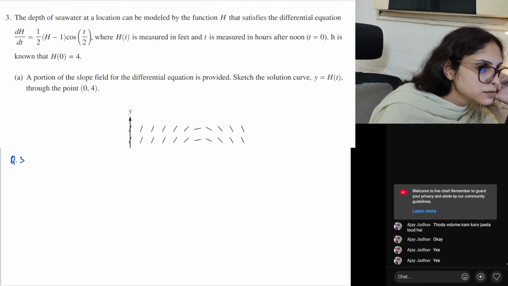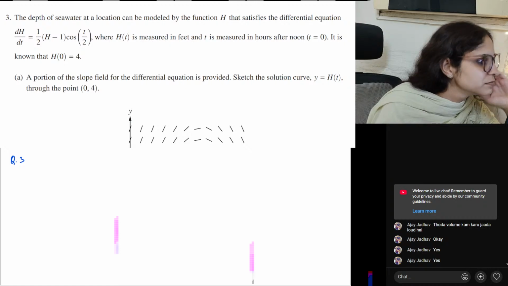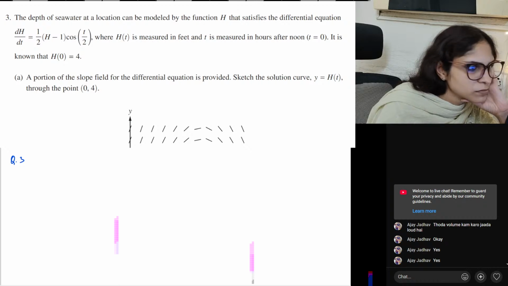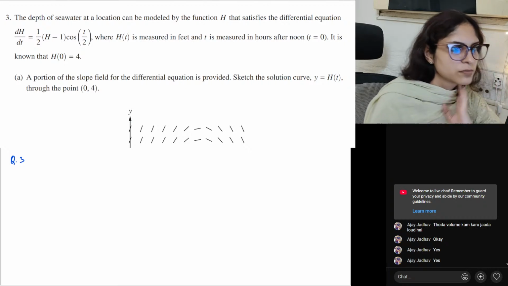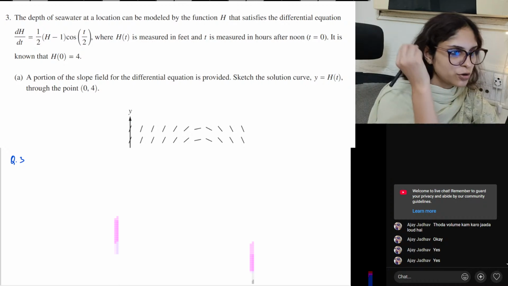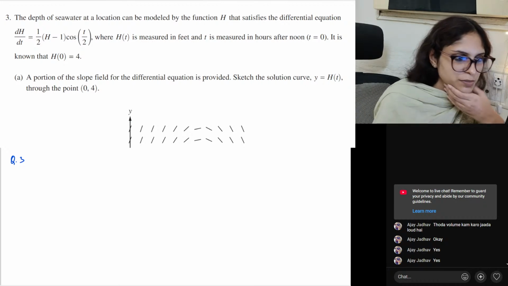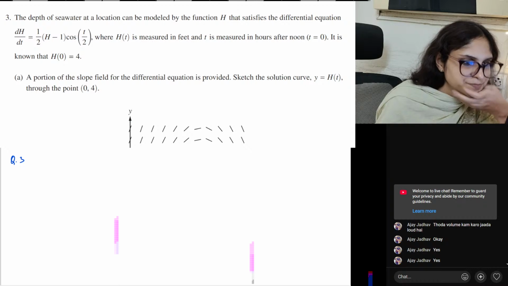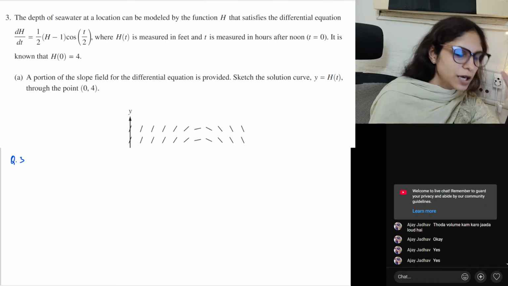I can't even go to the settings. I don't know what the issue with the audio is. I tried to fix it, but it is still showing some problem. I will not focus on that.